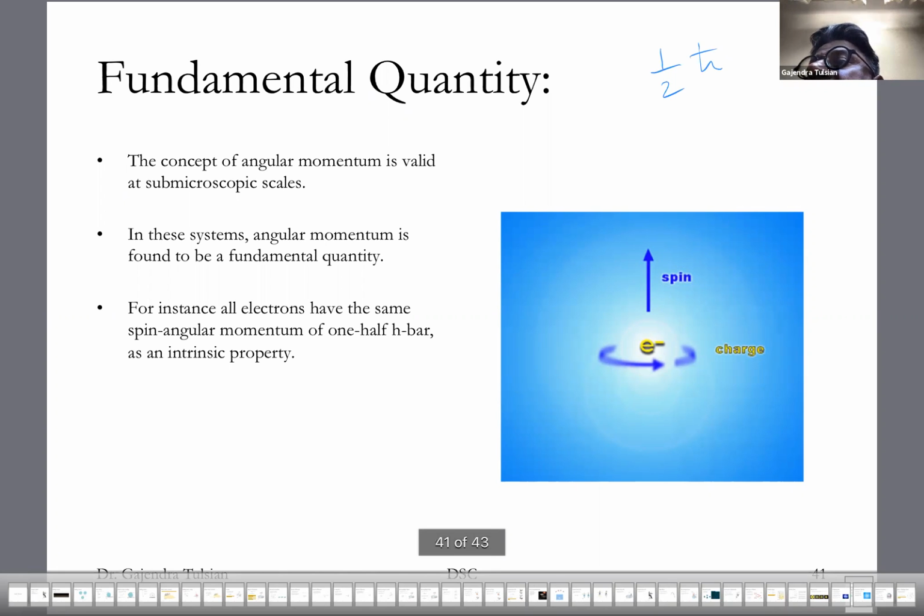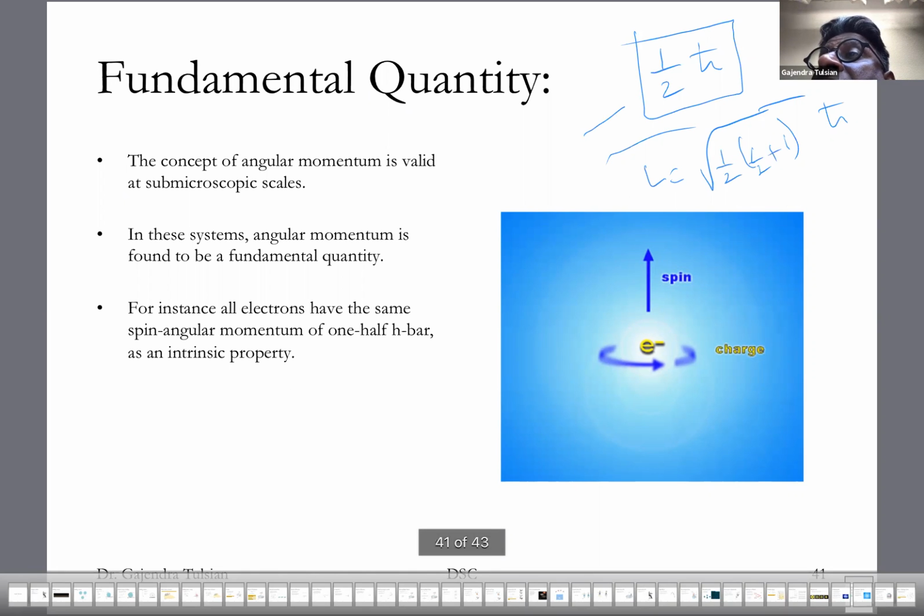So every electron is spinning at the same rate. Actually, the value of the angular momentum would be the square root of 1/2 times (1/2 plus 1) times h bar, but anyway, we always say it has a spin of 1/2. Every proton has a spin of 1/2, and so on. So it's a fundamental quantity, and it's quantized.